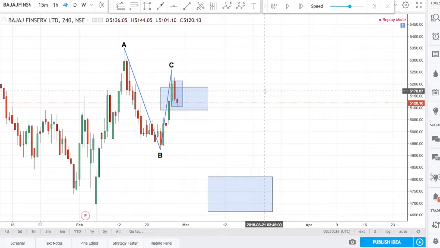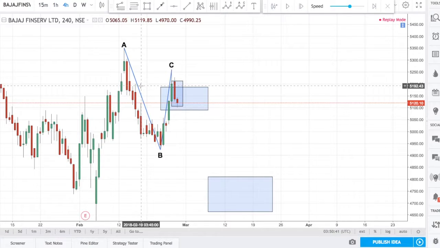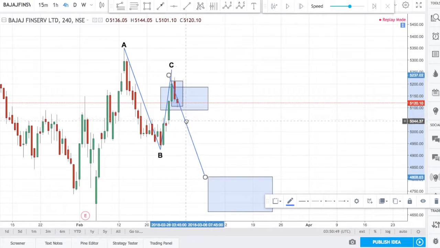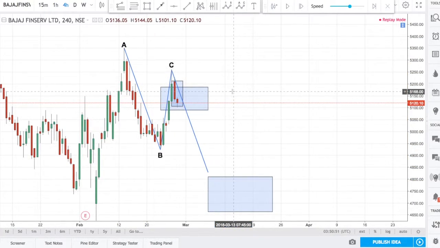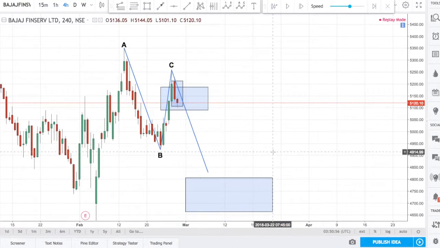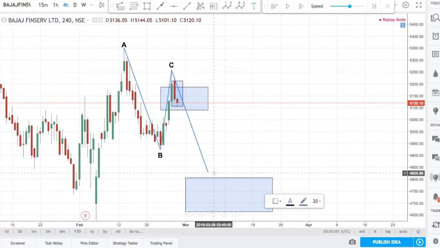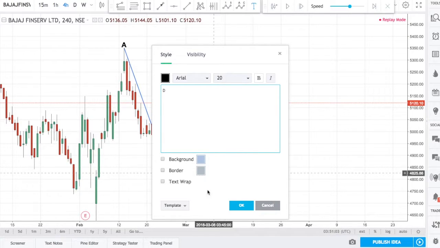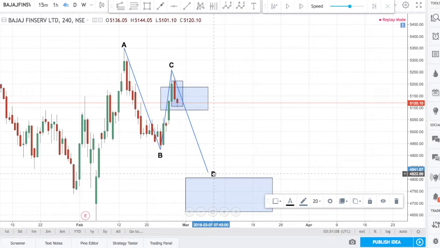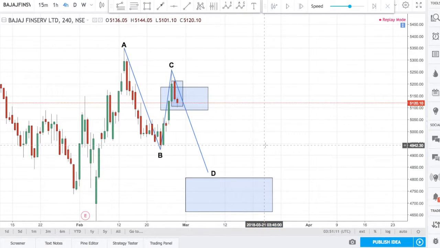What's the next step? The next step is to make a clone of the AB leg and complete the possible CD leg. This is our D point.